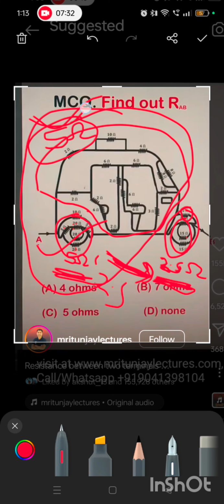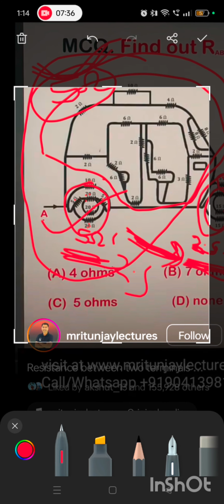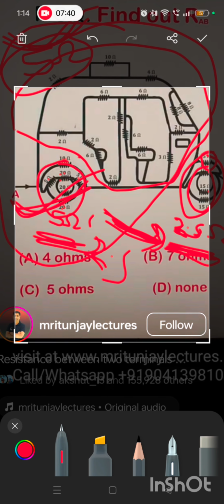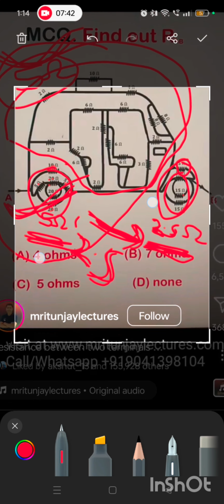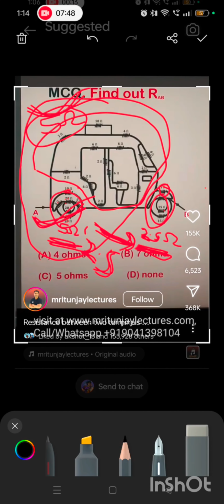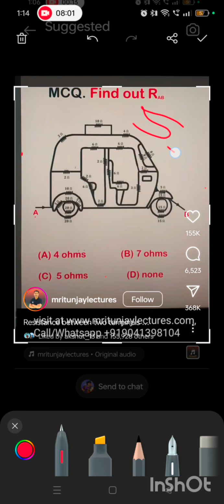This 5 ohm of the upper chat of our auto rickshaw and this lower wheel together formed the 2.5 ohm, and this 2.5 ohm was in series with the front wheel, which is again 2.5 ohm. So together 2.5 ohm and 2.5 ohm, the answer is 5 ohm, which is option C.